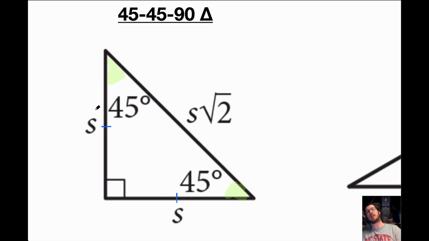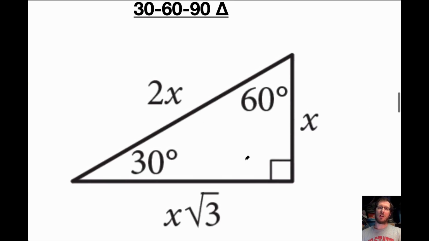That means both of the legs of this right triangle are going to be the same measure. That's why they're both labeled with an S. And the hypotenuse, because it's a 45-45-90 right triangle, has a measure of S root 2. If you put these S's into the Pythagorean theorem, you could prove that this is always going to be the case for a 45-45-90 triangle.